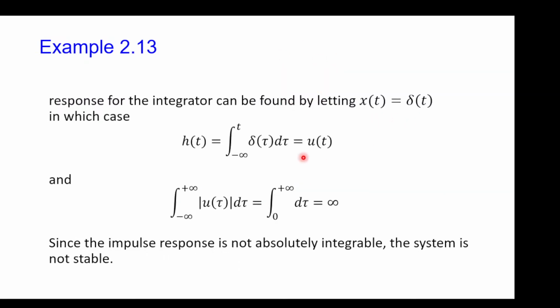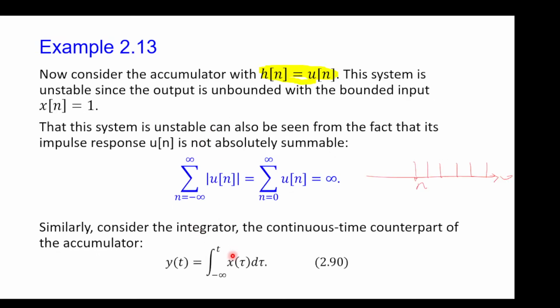It's actually u of t. You can check it using the definition of impulse response. That is, you put the delta function in as x of tau here, and you check what your y of t is.